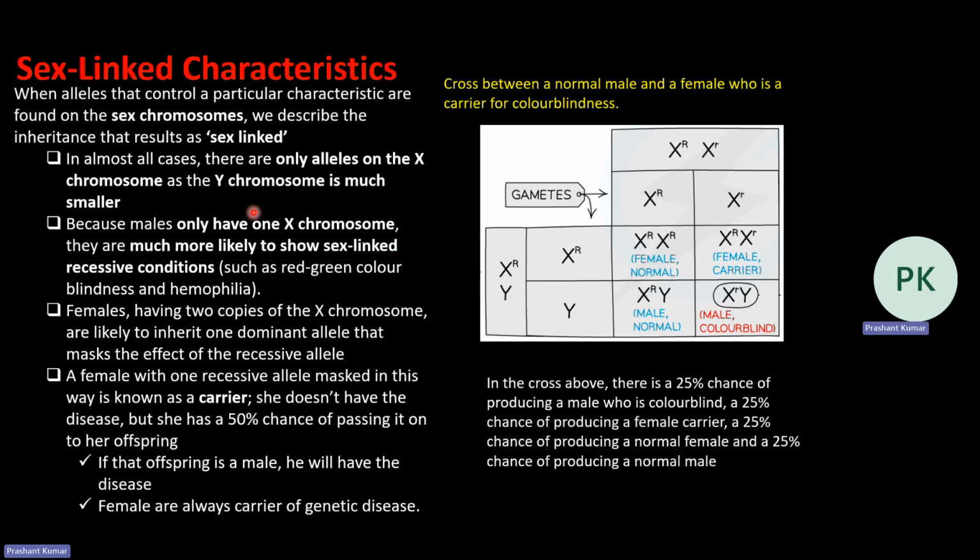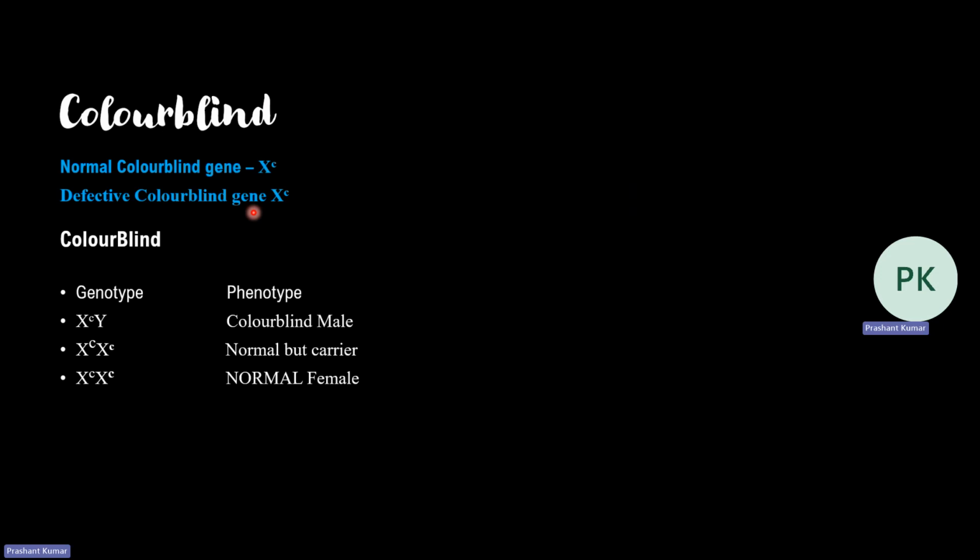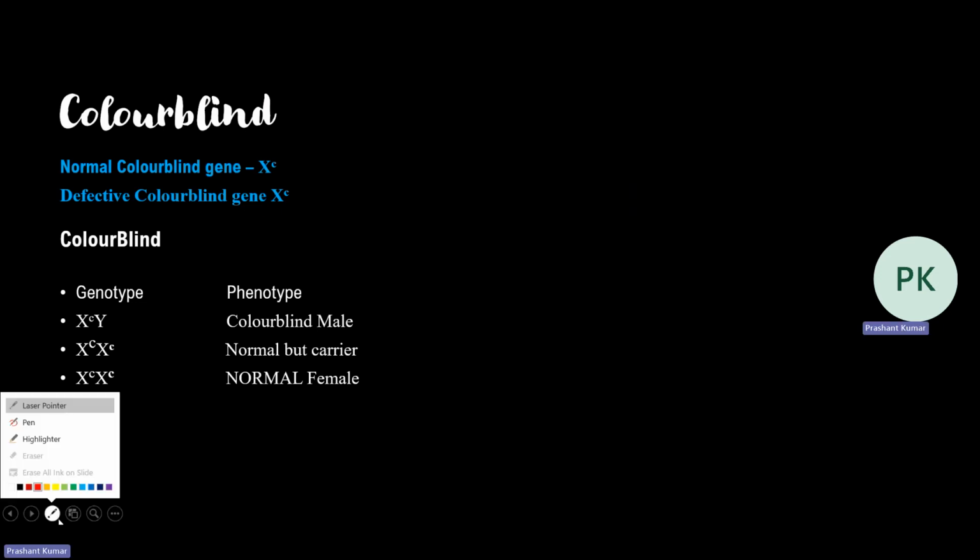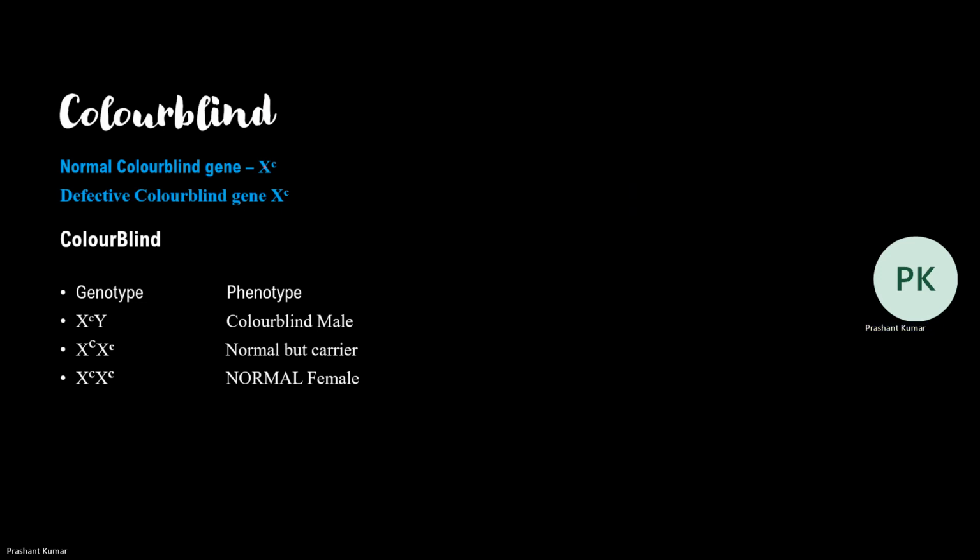Let's talk about examples. Color blindness is an example of a sex-linked disease in which XC is written as a normal gene. Sorry, it's not this one. You can say only the X chromosome.